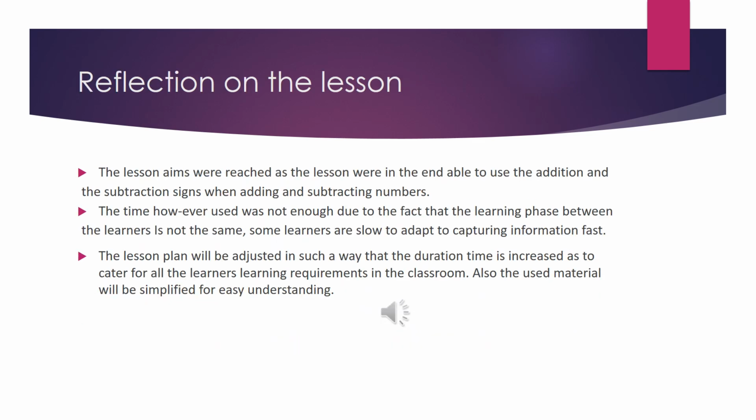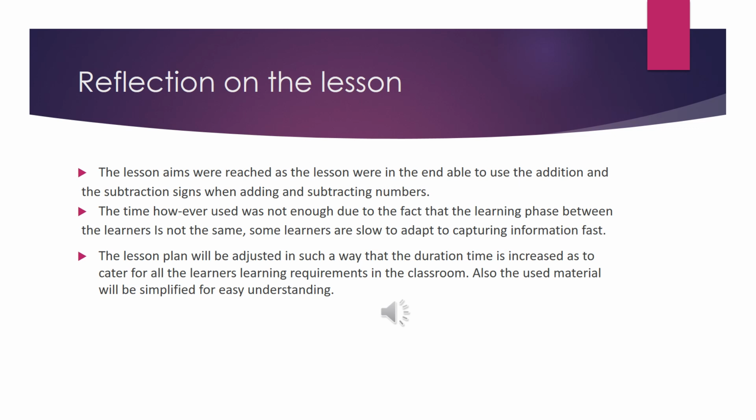All right, and let's check the reflection on the lesson. Okay, the lesson aims were reached as the learners were in the end able to use the addition and the subtraction signs when adding and subtracting numbers. The time, however, used was not enough due to the fact that the learning pace between the learners is not the same.